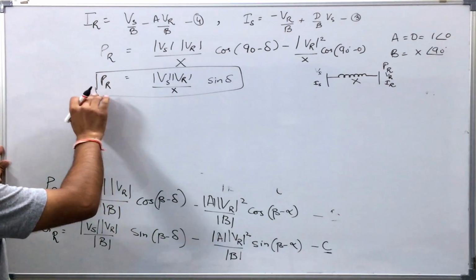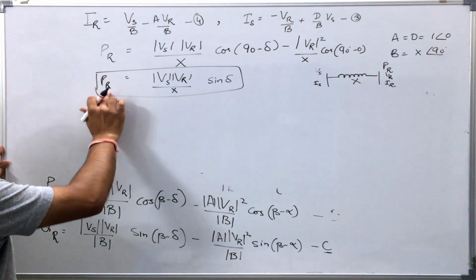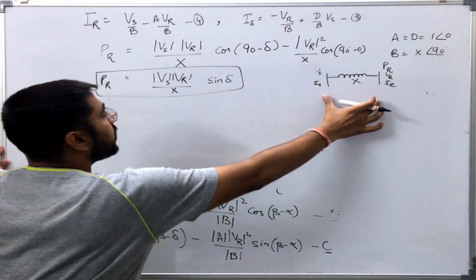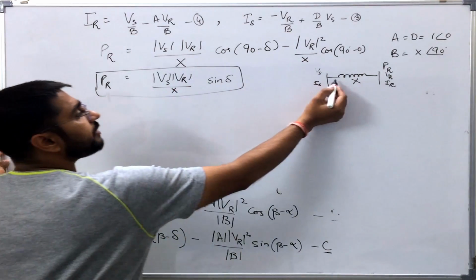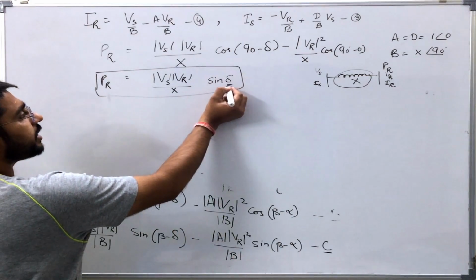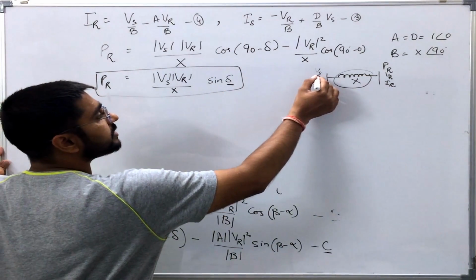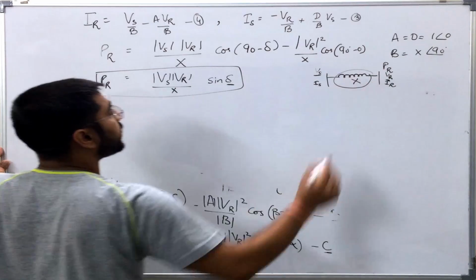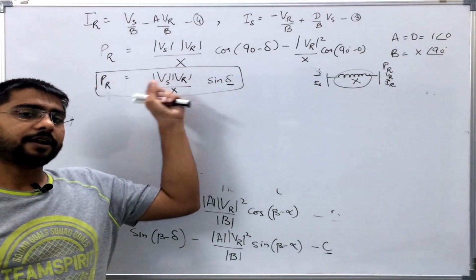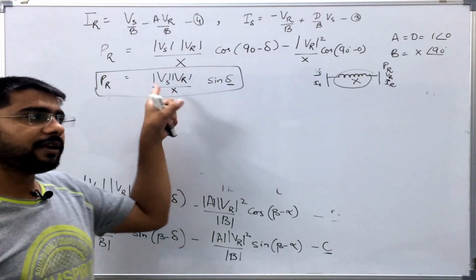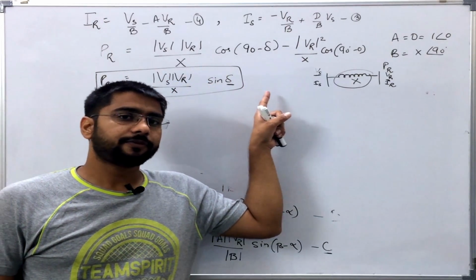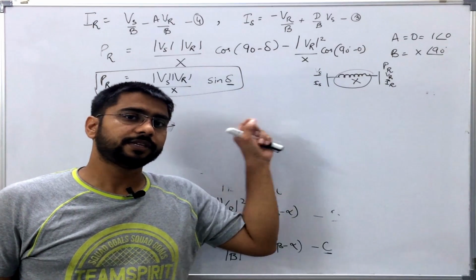So the real power at the receiving end is simply the product of the magnitudes of voltage at both ends divided by the reactance in between those terminals and the sine of the angular difference between the sending end voltage and the receiving end voltage. This equation is very important and very easy to remember also. We will also encounter a similar equation in the electrical machine chapter when we study the power of the synchronous machines.